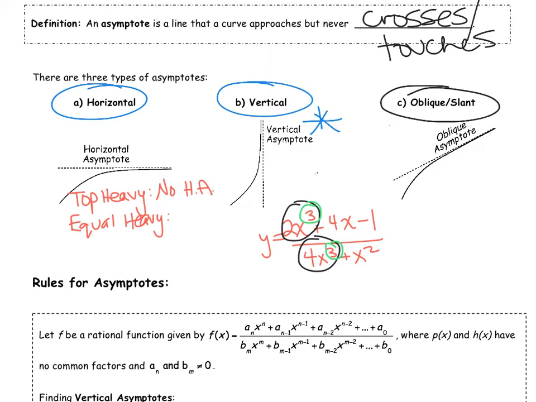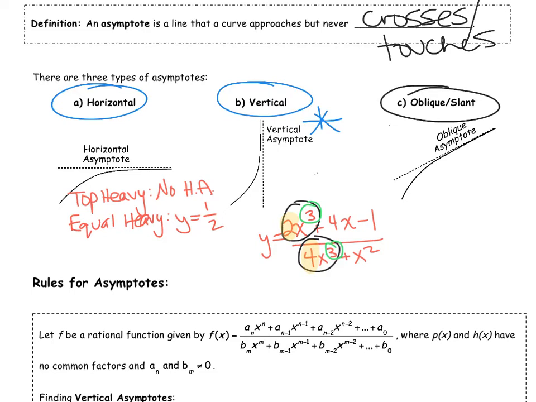Because the leading coefficient here is 2, and the leading coefficient here is 4, that's going to be the value for my horizontal asymptote. So I'll have a horizontal asymptote at y equals 2 over 4, which is the same thing as 1/2. So we'll have a horizontal asymptote at y equals 1/2, because again, this was equal heavy.